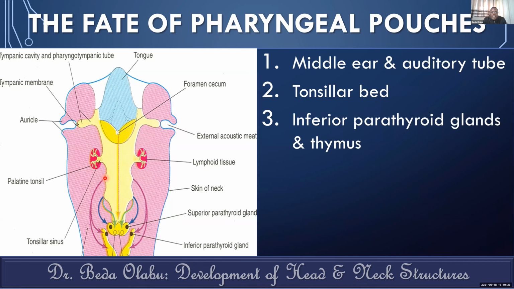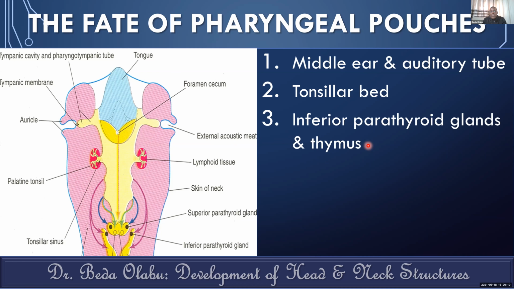Now, because the thymus migrates so much into the thorax, even though it's coming from the neck region, it must descend into the thorax. Because of that longer trajectory of migration, it pulls with it the parathyroid glands, which are also arising from the third pouch. And because it pulls with it the parathyroid glands, therefore, the parathyroid glands that will come from the third pouch will be the ones which are inferior, as opposed to the ones which are superior.